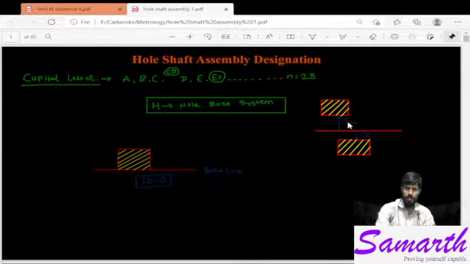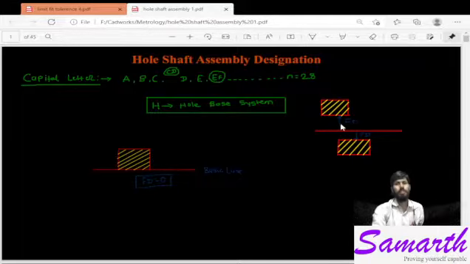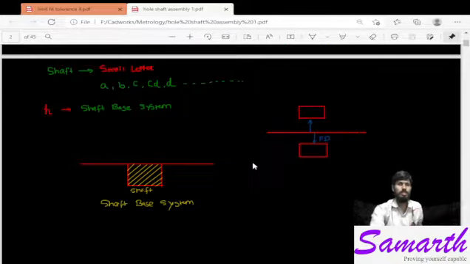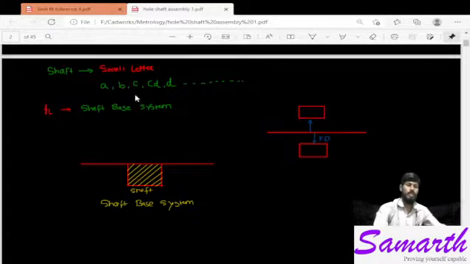This is the fundamental deviation shown in blue color. From the baseline there is the deviation, which is called fundamental deviation. Similarly for shaft, we will see how symbols are used and written.